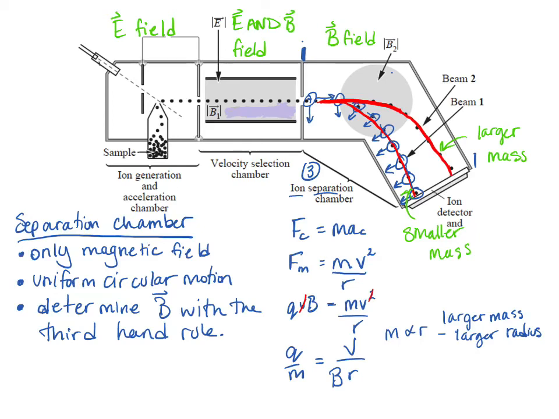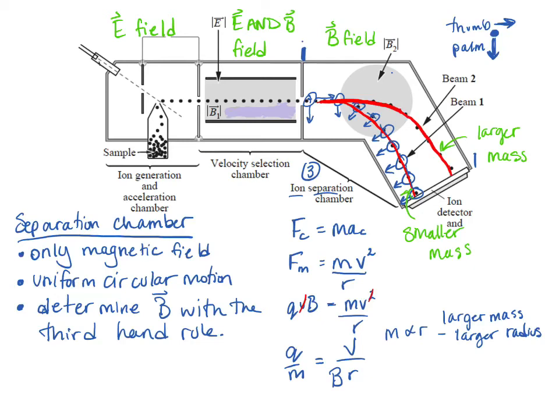So we can use our third hand rule again, where my thumb is going to be pointing to the right, and then your palm is going to be pointing downwards or pushing downwards. And so when you do that with your right hand, you see that your fingers are coming out of the page. Right? So in order for my thumb to be pointing right and my right palm to be pushing downwards, I know my fingers are going to be coming out of the page.